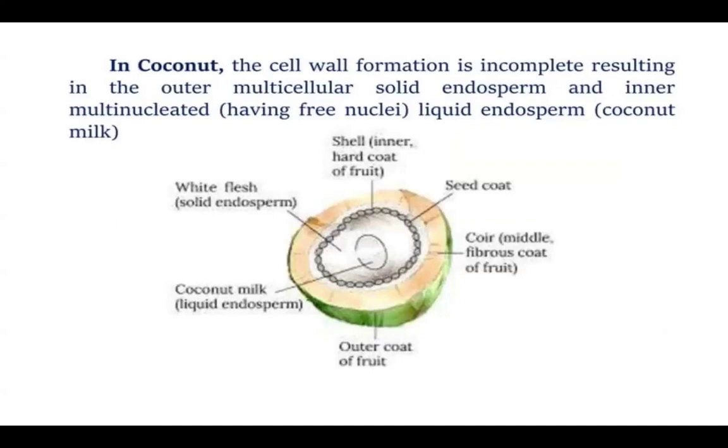A very good example to understand what endosperm is, is the tender coconut that we usually have. It is known for a good amount of electrolytes and also for its nutritious value.